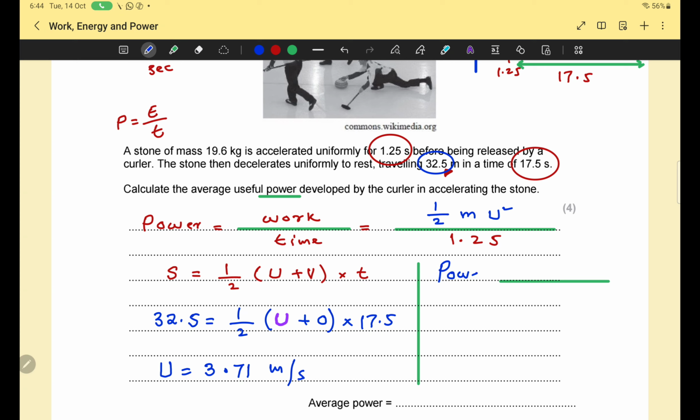Sir, power is equal to half the mass of the stone, which is 19.6, velocity 3.71 squared, time 1.25, and if you divide all the numbers, then the power is 108 watts.